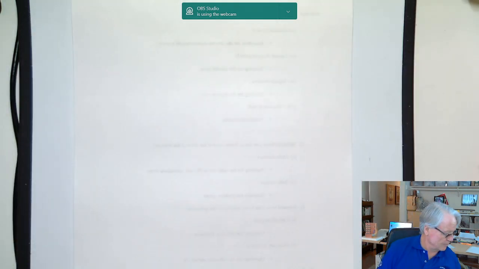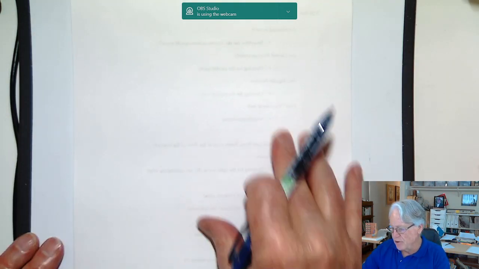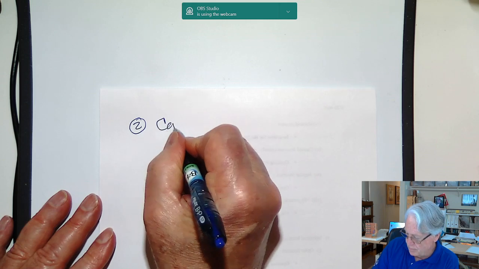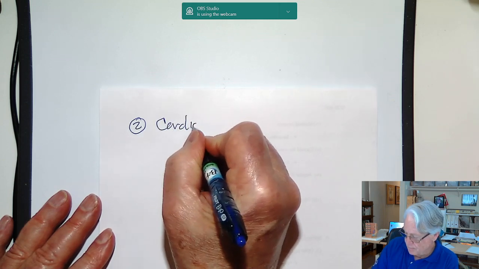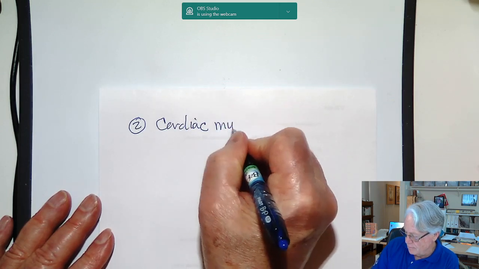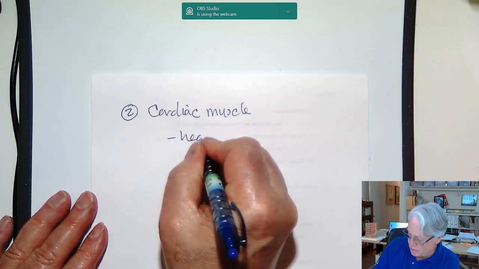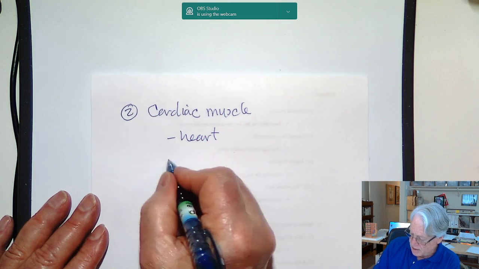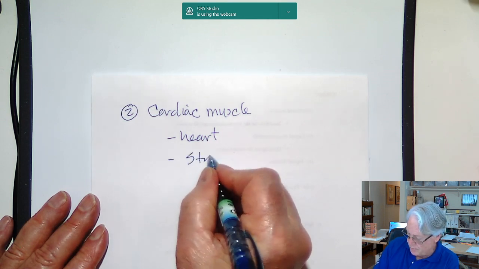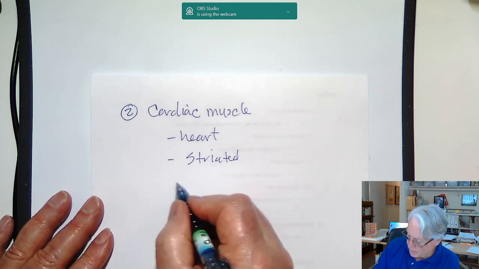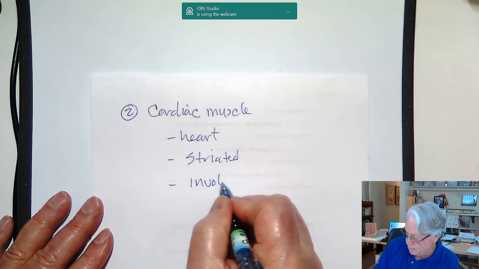We also have cardiac muscle. That would be number 2. And this, of course, is found only in the heart. It is also striated, though it is involuntary.